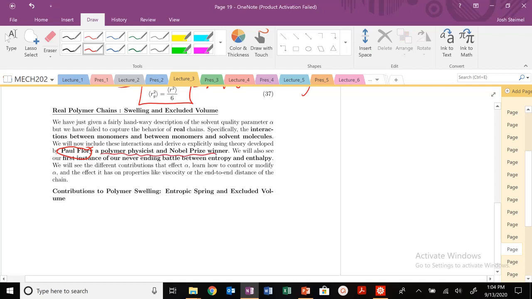He's a polymer physicist and Nobel Prize winner, and he is our leader in the battle between entropy and enthalpy, which never stops with polymers, especially conformational entropy and entropic spring effects. We've done only a qualitative description of alpha, but we want to look at real chains and how they interact.